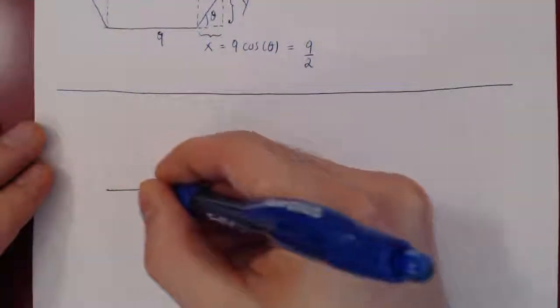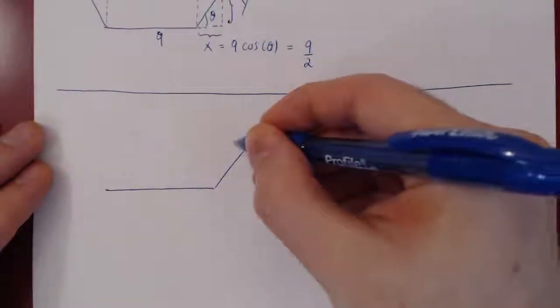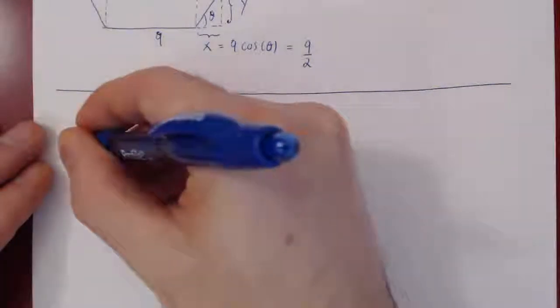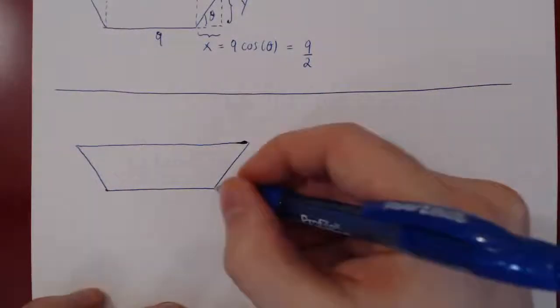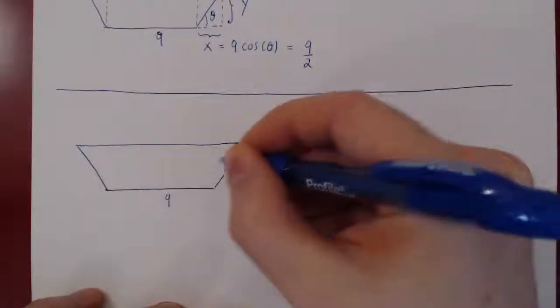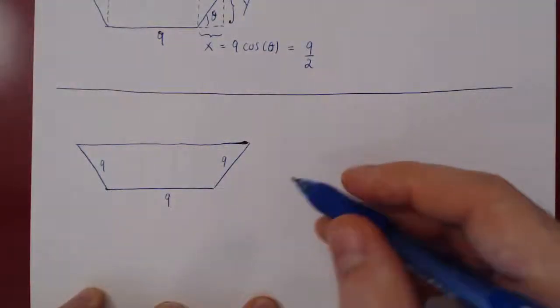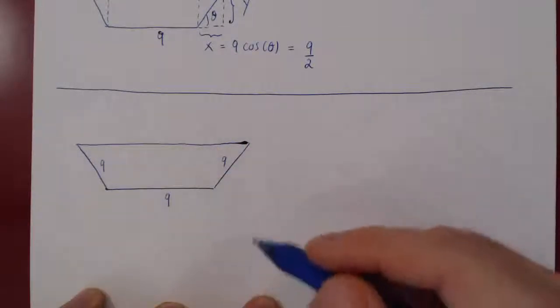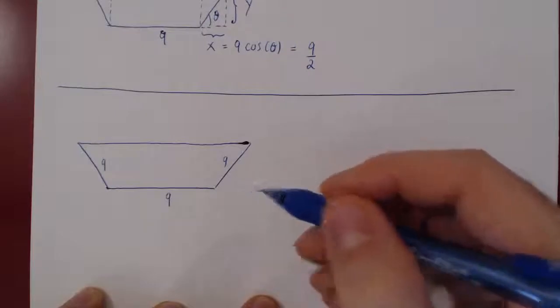So if you go back to the picture, I'll just set this up, I won't solve it for you. I'll let you complete the solution. This was 9, this was 9, this was 9. And again, we want now to express the area of the trapezoid without the help of the angle at the base and trigonometric functions.